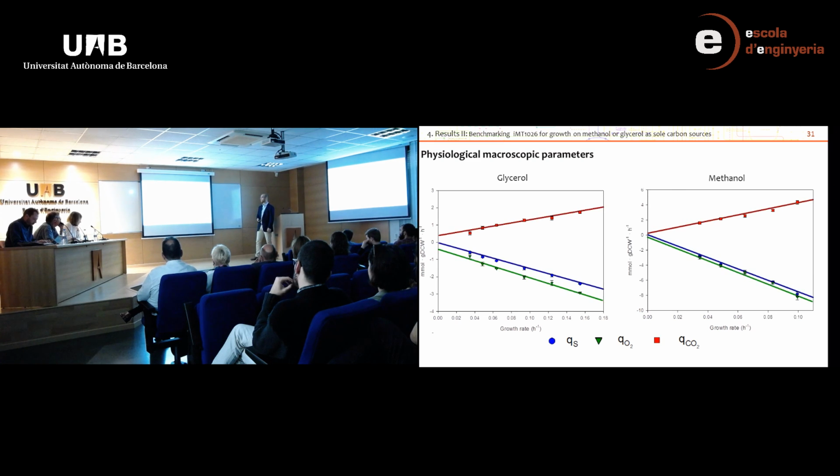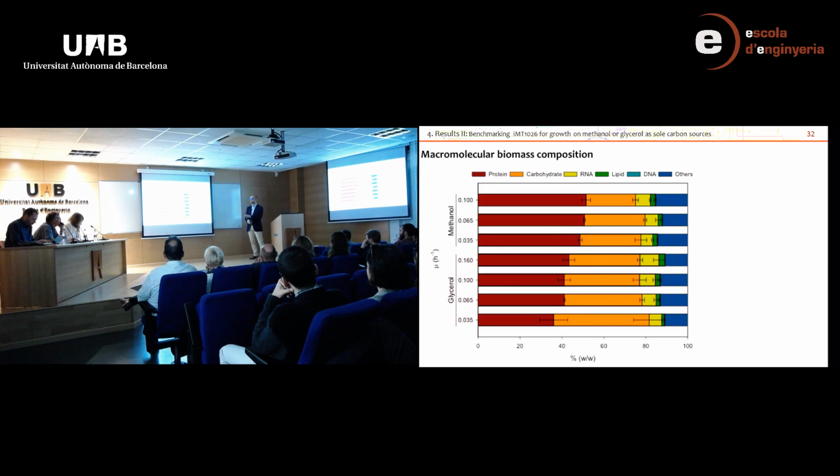As you can see, they follow quite a linear behavior, so there's a correlation between these parameters and the growth rate. Then, at different growth rates, we took samples of the biomass, and here are the results represented as fractions of each macromolecule for both glycerol and methanol at different growth rates. The first thing we can observe here is that there's a growth rate dependent stoichiometry.